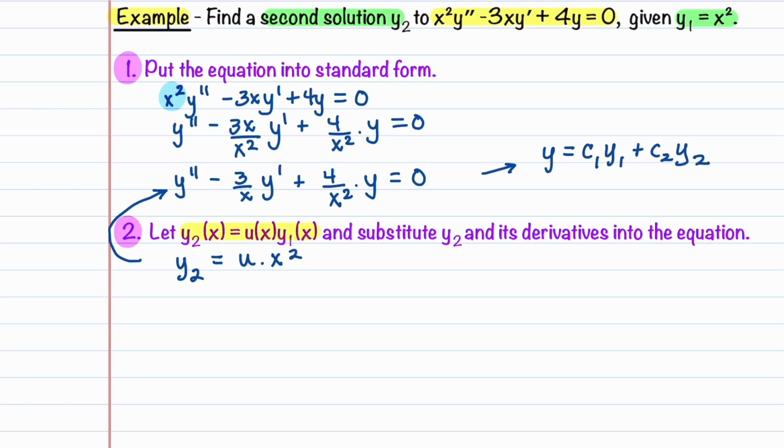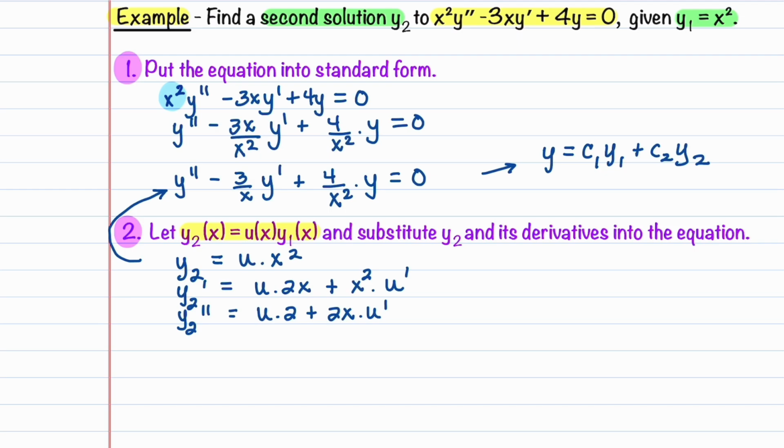Before we plug it in, we need to find y2 prime and y2 double prime, so let's go ahead and do that. y2 prime, using the product rule, is the first times the derivative of the second plus the second times the derivative of the first. Now let's take another derivative. y2 double prime is going to be the first times the derivative of the second, which is just 2, plus 2x times u prime.